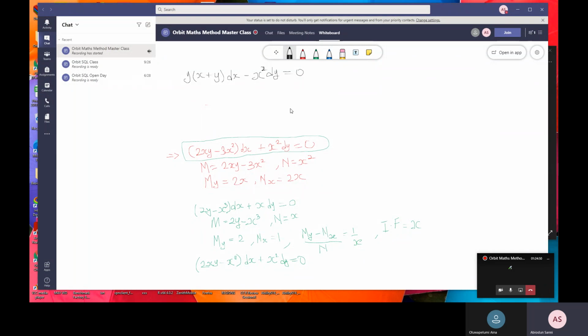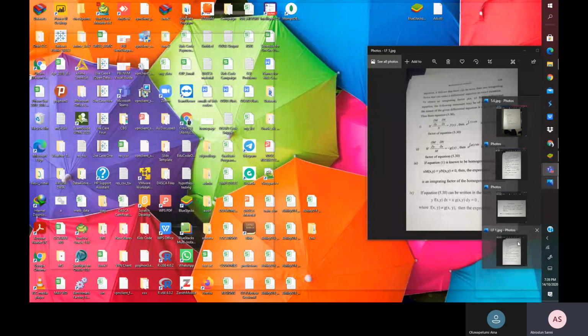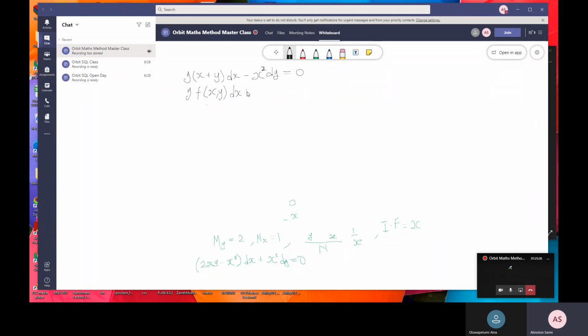So coming back, let me erase this. If you check it now, this is like y times f of xy dx plus x times g of xy dy, which is equal to 0.